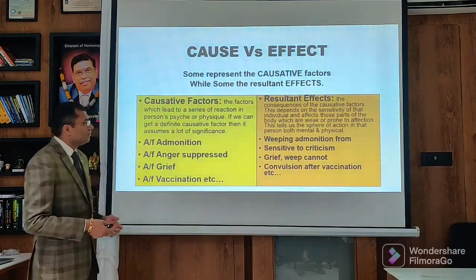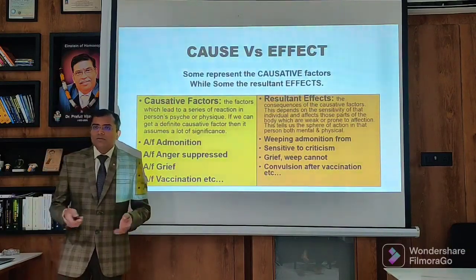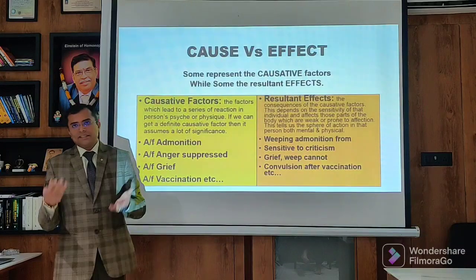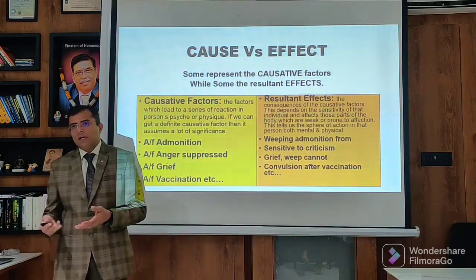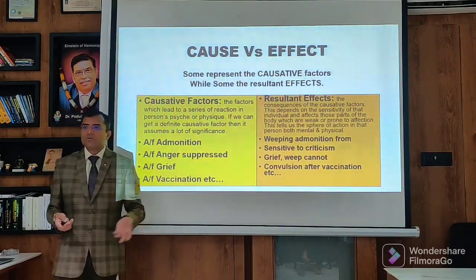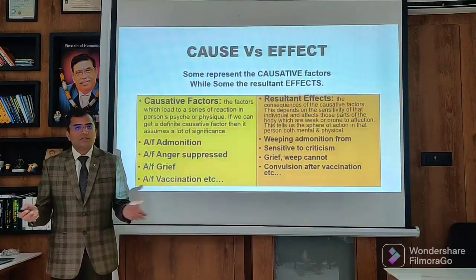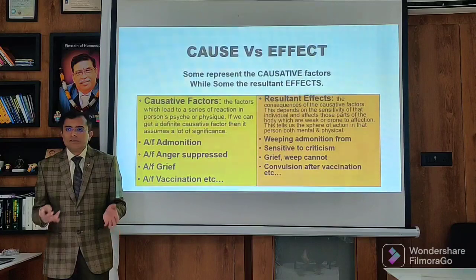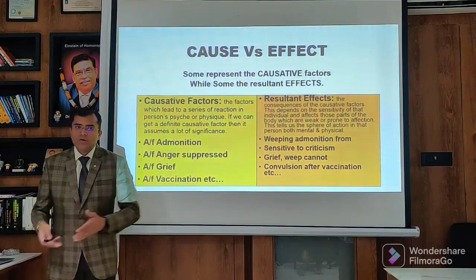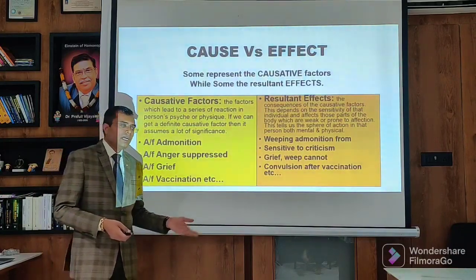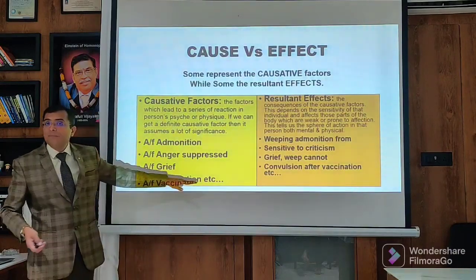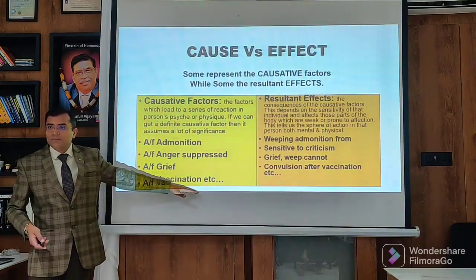He said he wants to go abroad, so he had been taking vaccinations, a booster dose, and the day before he had taken a booster dose, and the next day he got fever. So the rubric we have is fever, vaccination, after. The only remedy that came to my mind was Pulsatilla. I prescribed it. So this is the ailment, causative.